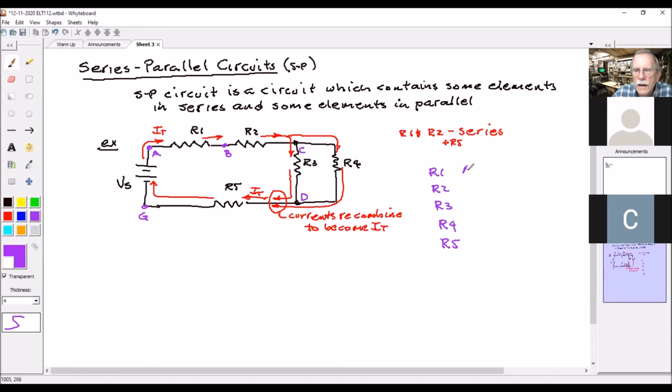Well, R1 connects, one end is A, the other is B. R2 connects between B and C. R3 connects between C and D. R4 connects between C and D. R5 connects between D and G.